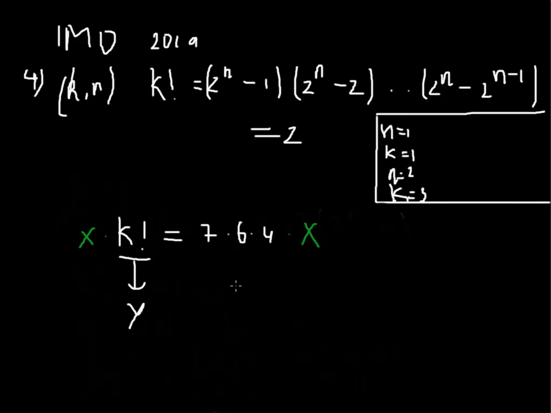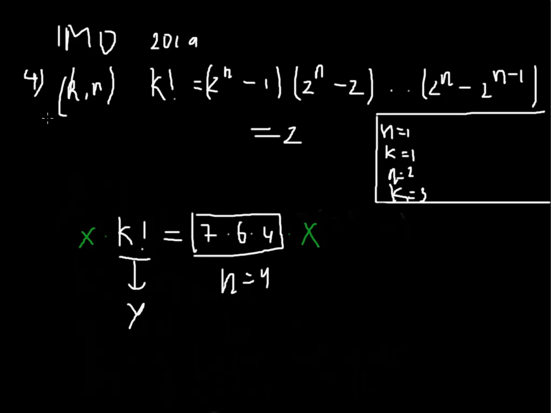So the next number, when n equals 4, I get another multiplication of numbers which consists of 7, 6, 4 too.